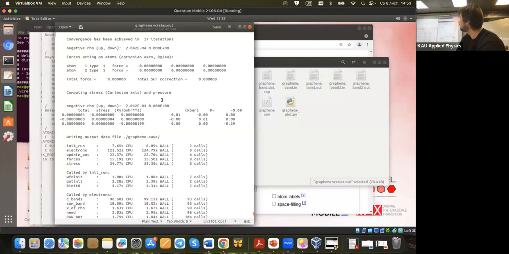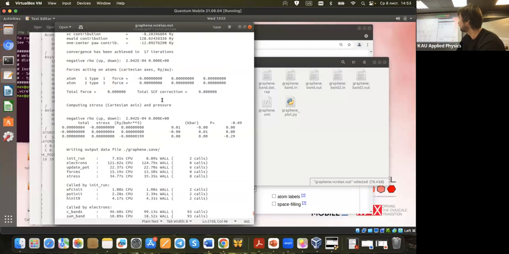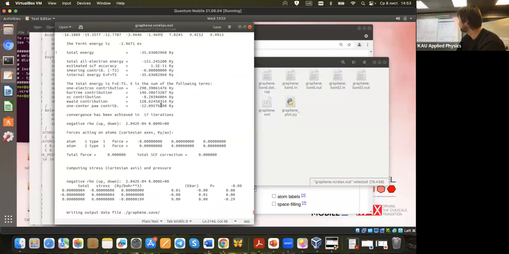For bulk material, last time that we have created graphite, we saw that output, it was like sodium-1, sodium-3 last data.